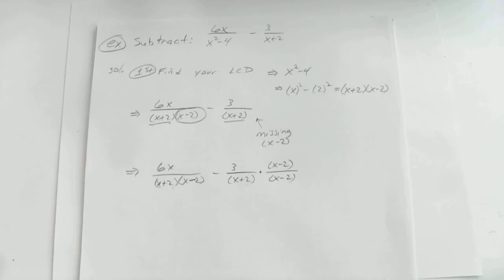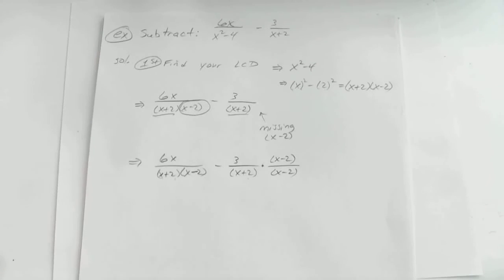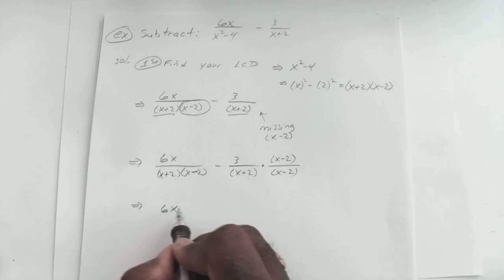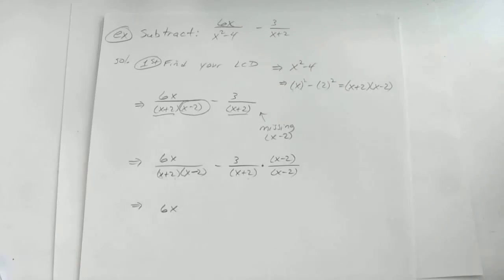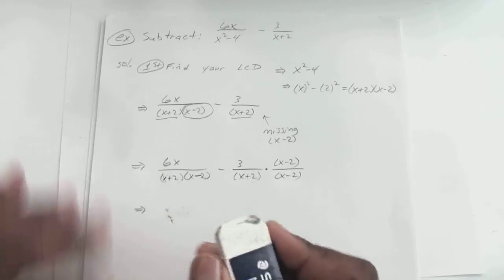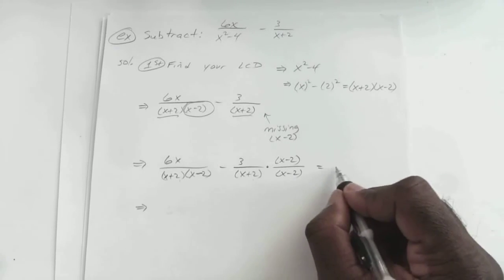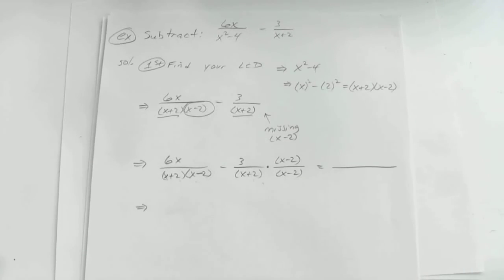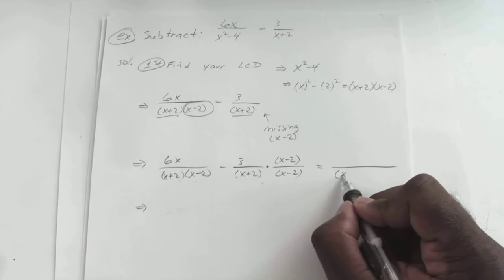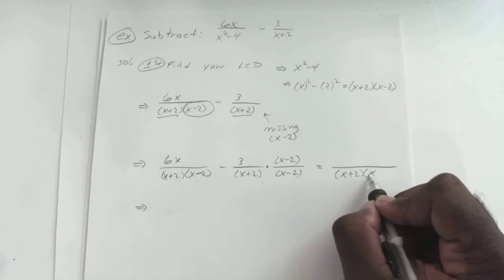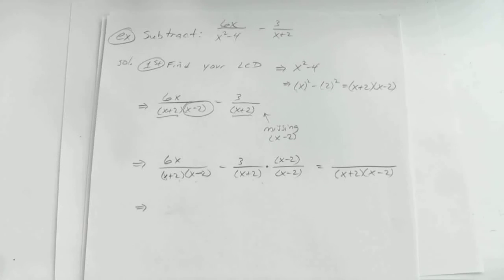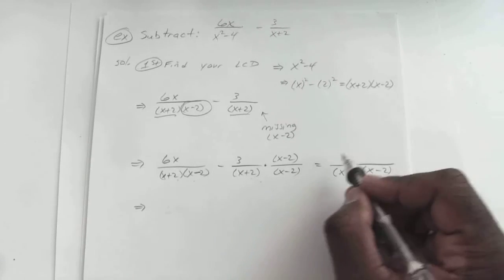So we have everything matching the way it should be. Okay, so we have 6x. Well, actually, I can put it all right next to it since we have the room. Okay, so since your denominators match, it's going to be something over x plus 2 times x minus 2. And then we just subtract our numerators.